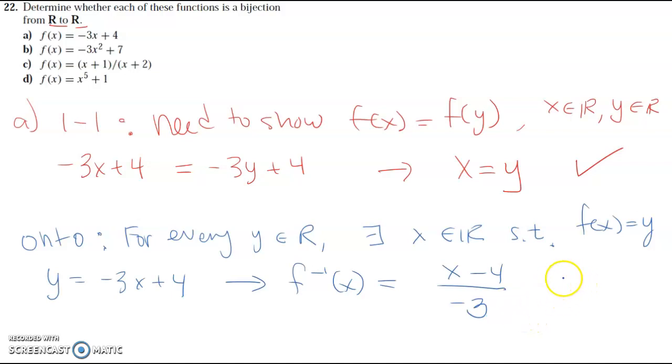So our inverse statement exists, which means if I were to plug this into our x, we should get the value of x. So therefore, this function is also onto. So function A would be a bijection.